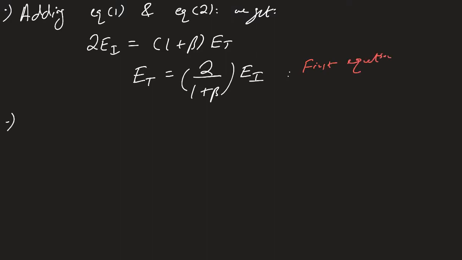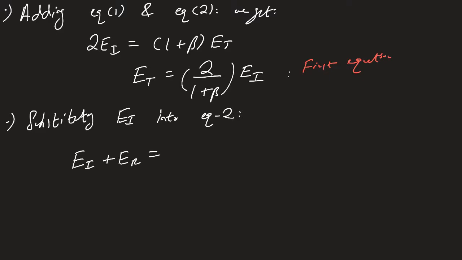And substituting ET into equation 2, what we basically get is that EI minus ER becomes equal to beta times (EI plus ER). You can check this.